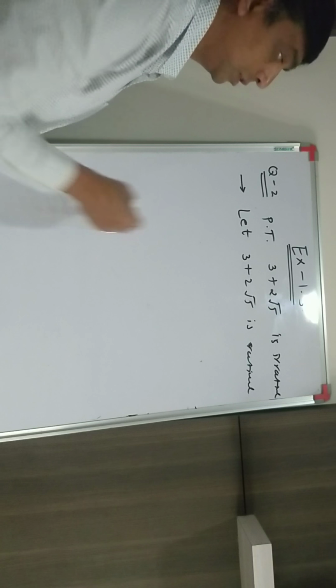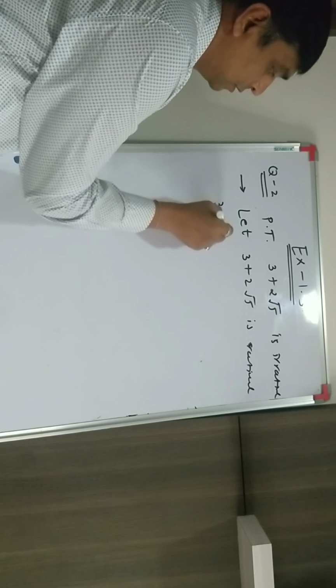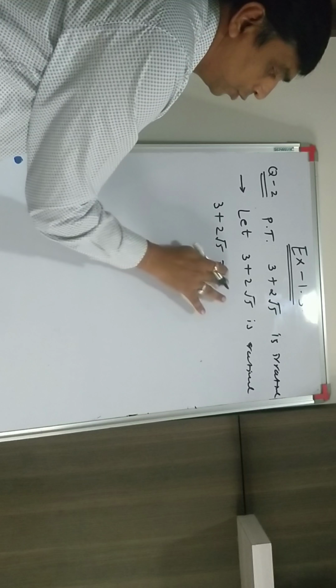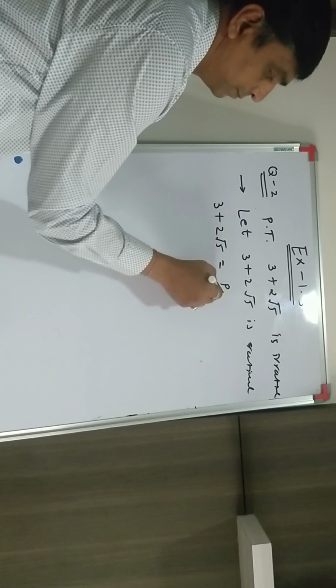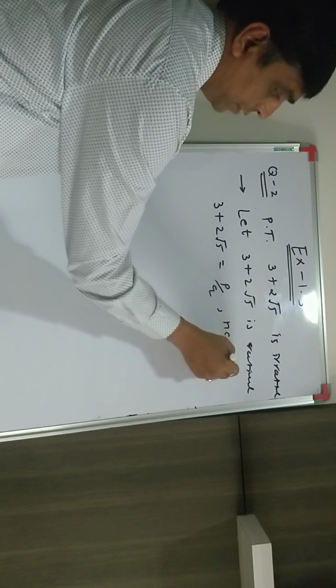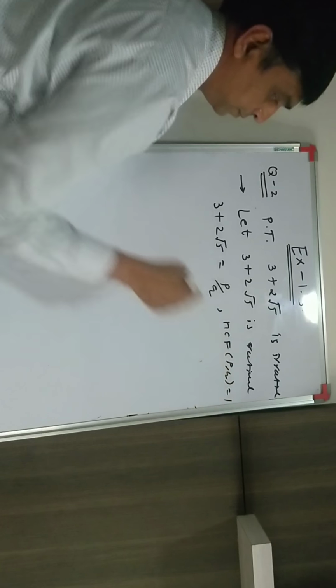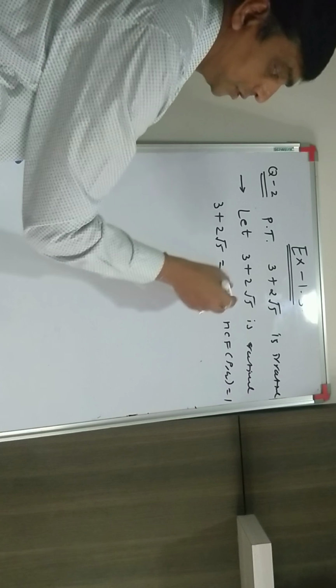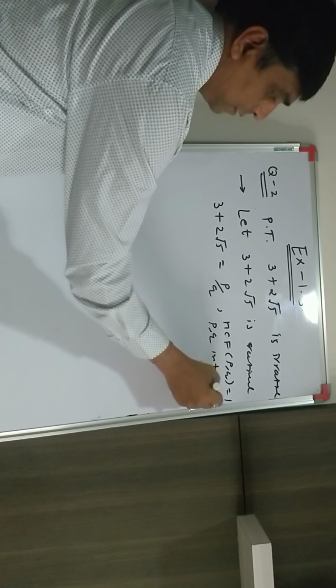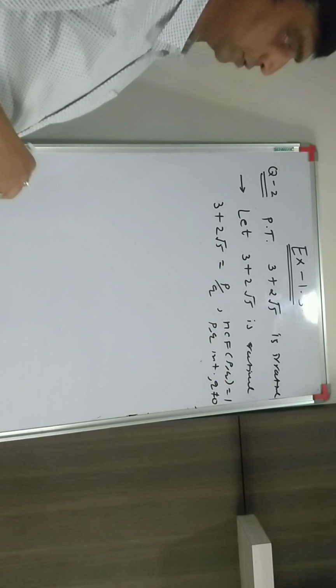If it is rational, then it can be written as 3 plus 2 root 5 equals P upon Q, or a by b, where HCF between P and Q is 1. That is, they are in their simplest form. P and Q are integers and Q is not equal to 0.